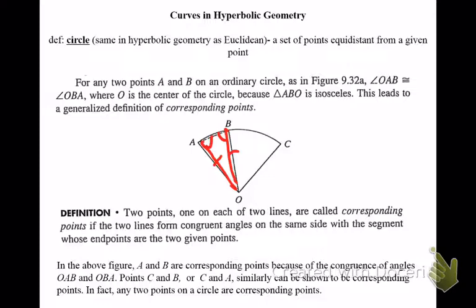Points C and B, or C and A, similarly can be shown to be corresponding points. In fact, any two points on a circle are corresponding points. They all correspond because they're going to make the same angle with O.